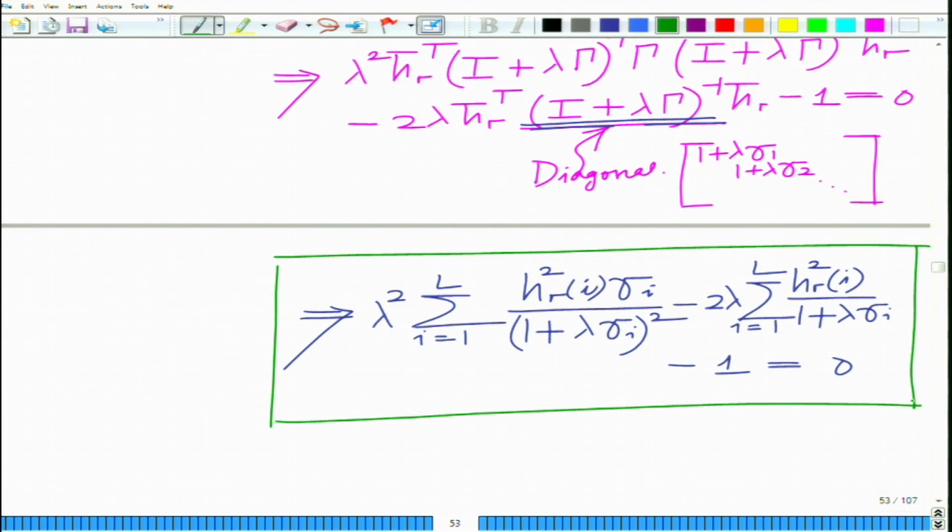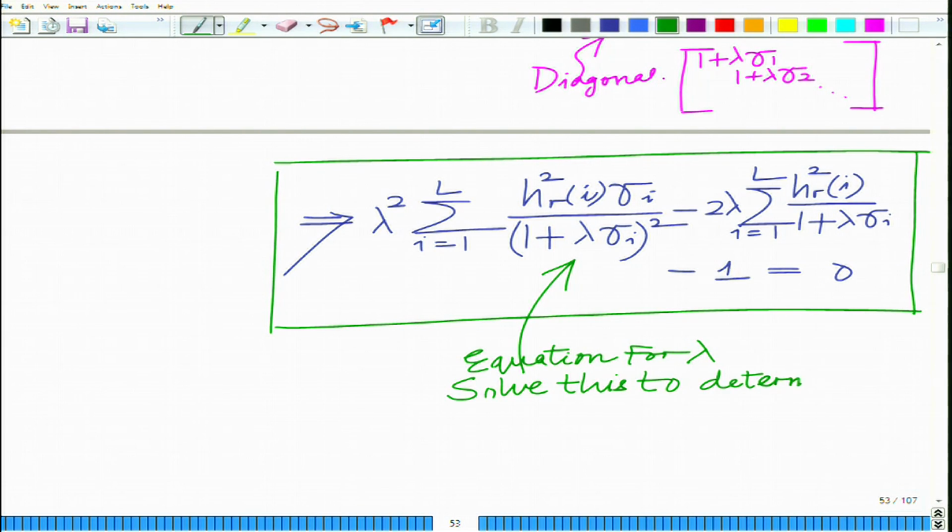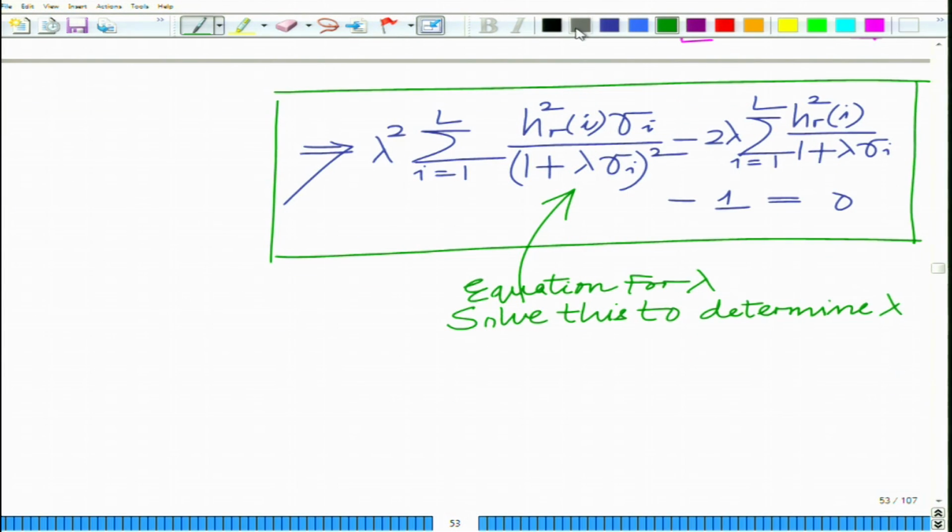So, you solve this equation to determine lambda, and H R i, as I already explained, equals the ith element of the vector H bar R, which we defined above.